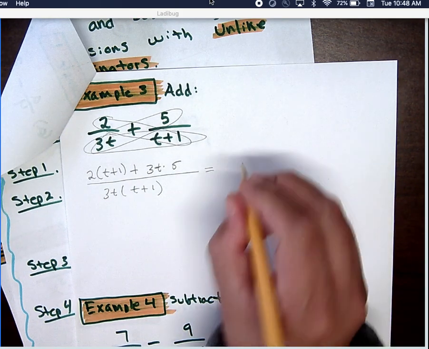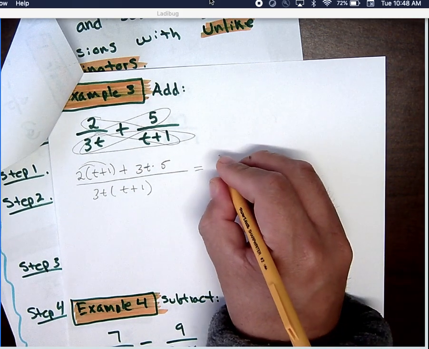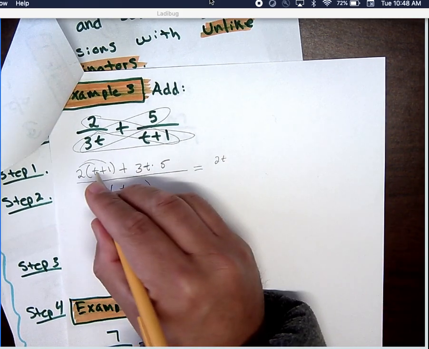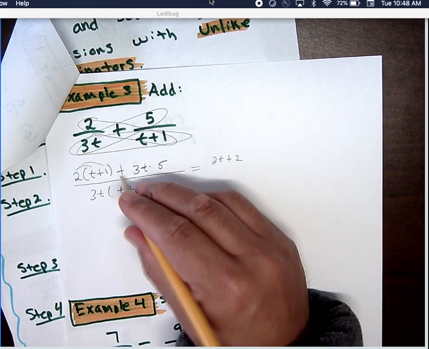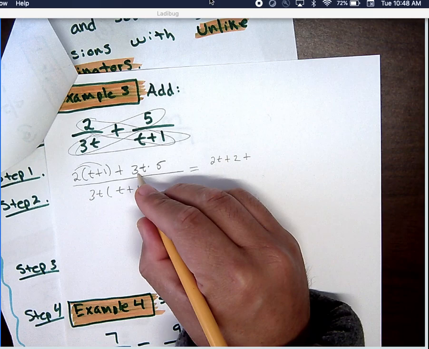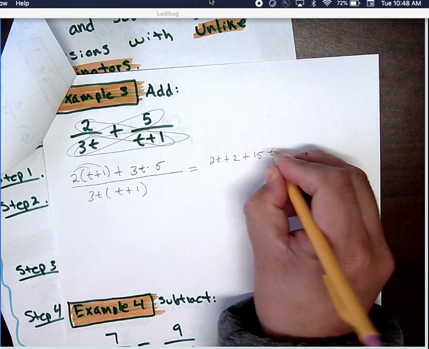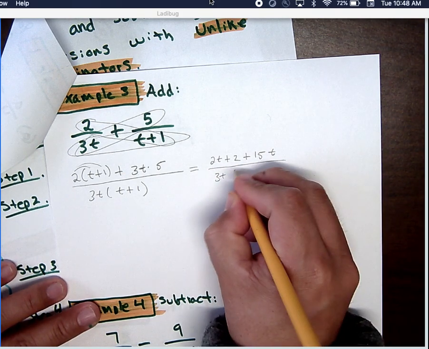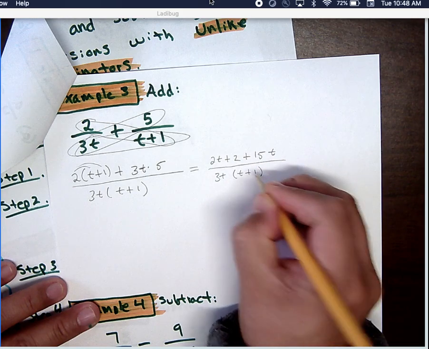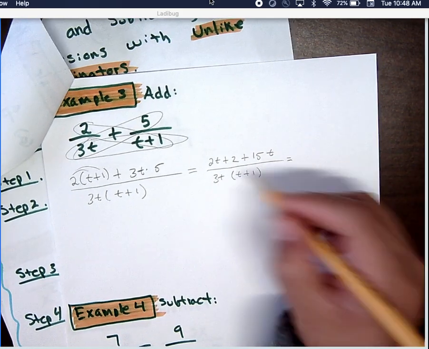So we're gonna distribute this into this. So 2t, right? 2 times t, and then 2 times 1 plus 2, right? And then plus this one. 3 times 5 would be 15, and then the t. And then we still have this at the bottom. Do not combine this one yet. Let's do the top first, and then we can think about this.